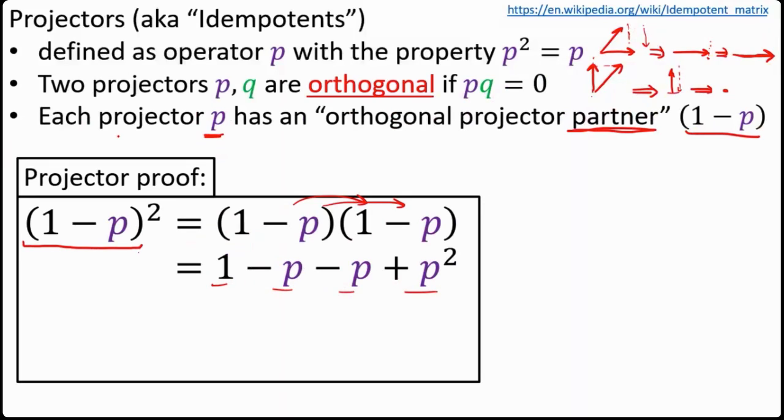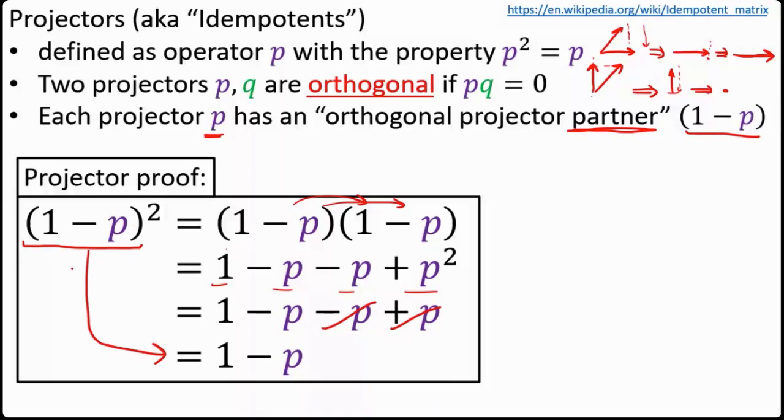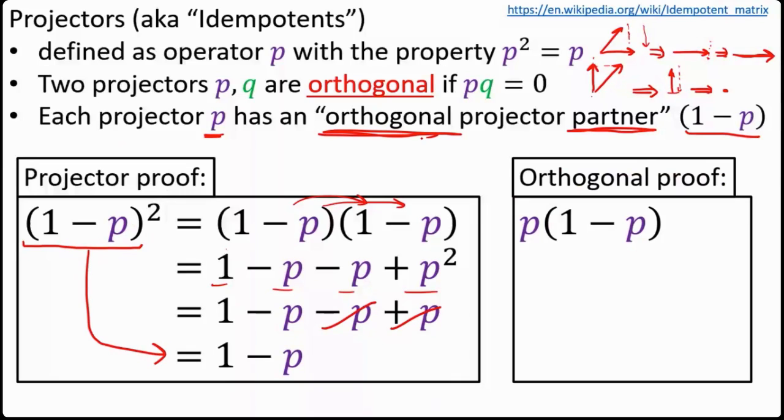But of course p is a projector, so p squared is just p, and then that cancels, and we have 1 minus p. So if p is a projector, 1 minus p is also a projector because it squares to itself. And it's also an orthogonal projector because if we multiply them, we have p minus p squared, which is p minus p, which is 0.